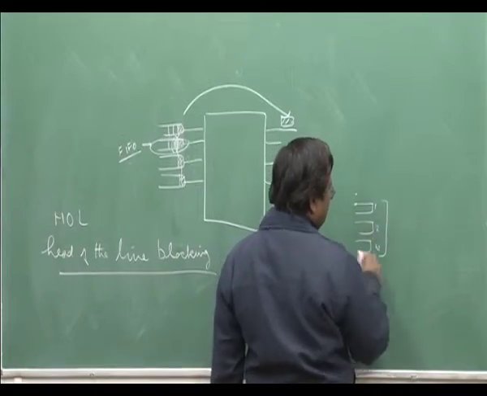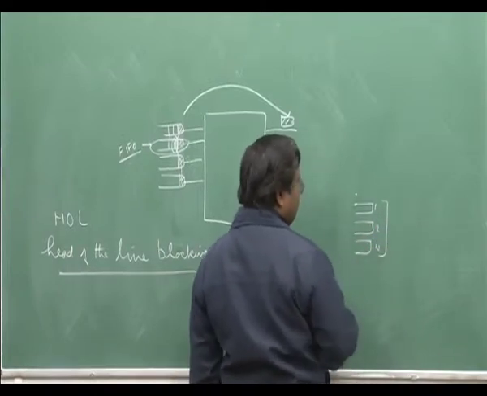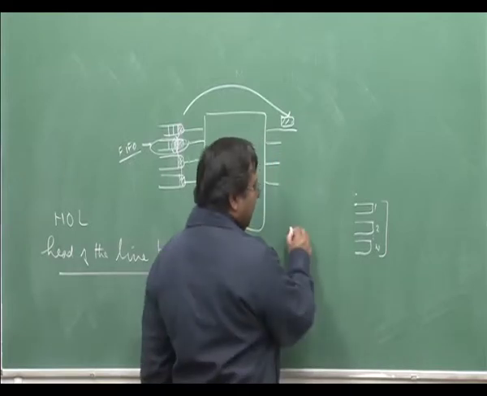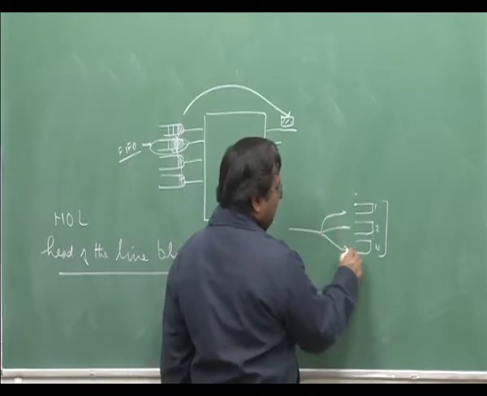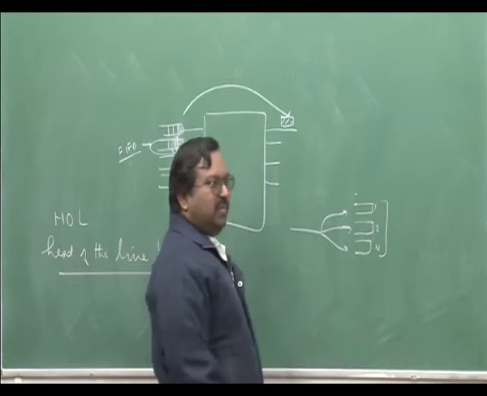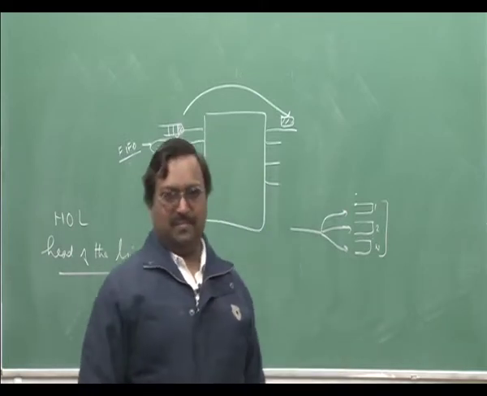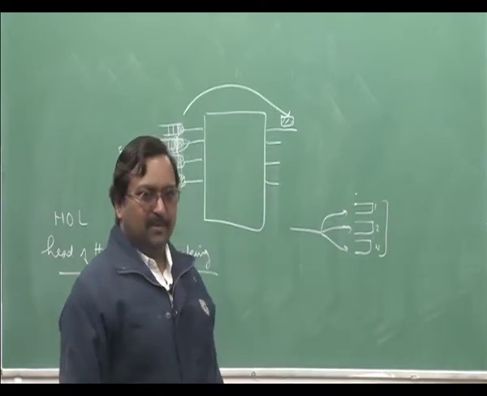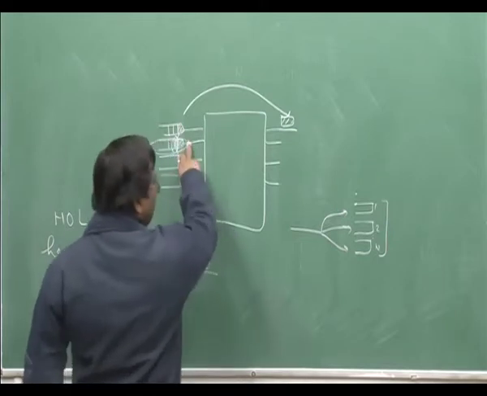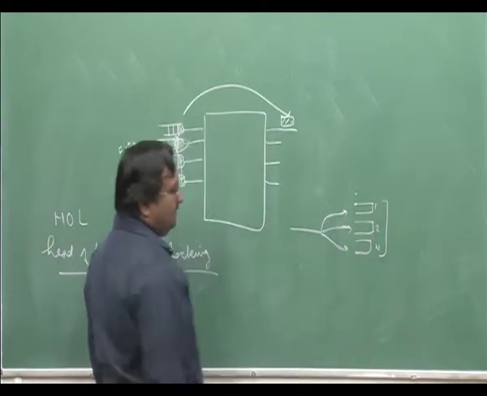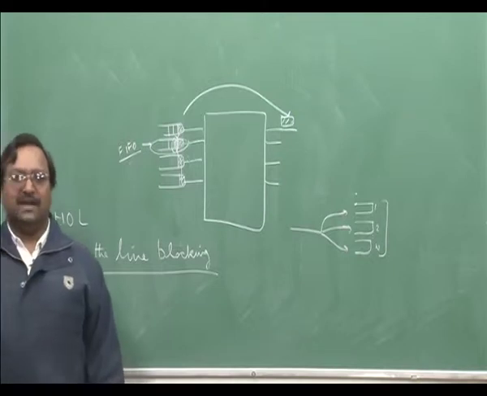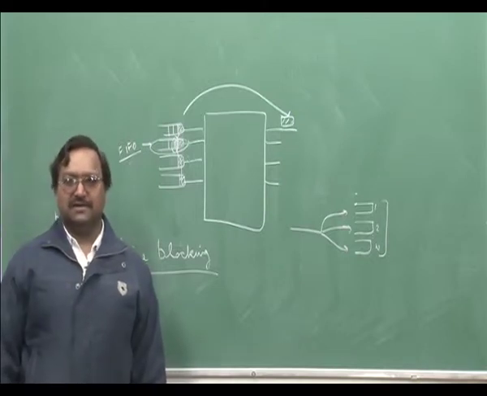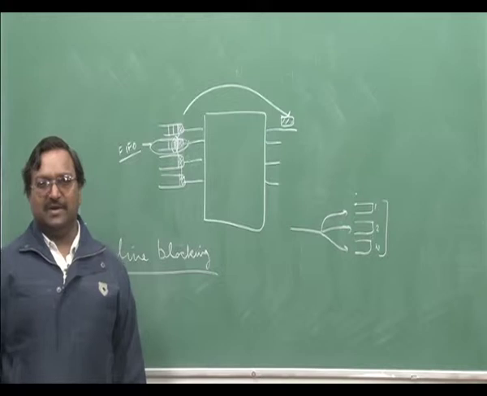This is a different structure. So packets which are coming in are buffered into multiple buffers corresponding to each output. Okay. So at each input port you will have this particular scenario. So there is no head of the line, there is no first in first out. For each output you maintain a separate queue.